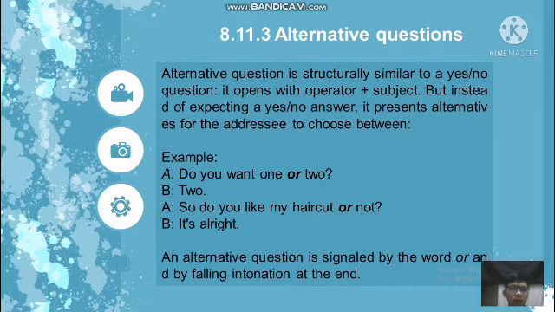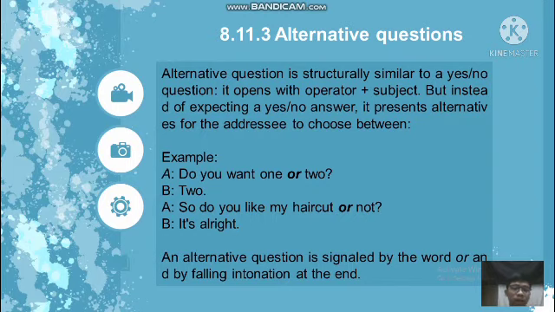But instead of expecting a yes or no answer, it presents alternatives for the addressee to choose between. For example, do you want one or two? So there is an alternative.